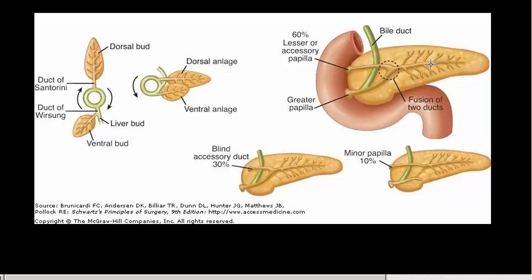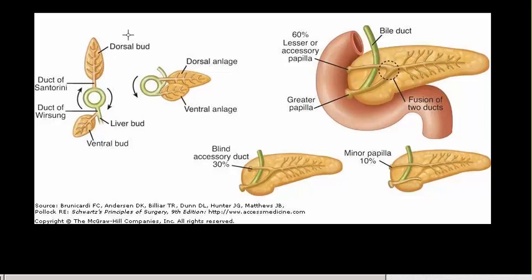Okay, the endocrine, from the name, will drain into the blood vessels. But the exocrine secretions will be secreted through the pancreatic ducts into the duodenum to do its function, which is the digestion of starch and so on. Okay, I'm going to talk about that in detail after that.